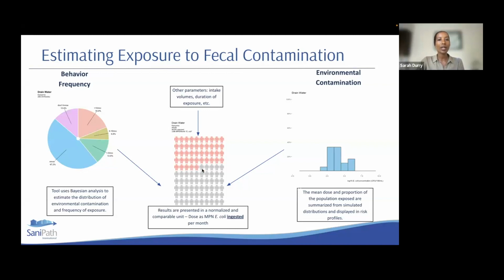As you can see, some are red and some are gray. So the number of red is the proportion of people exposed. And the dose or the concentration of E. coli per month ingested is represented by the darkness of the red. So this will become more clear when we compare across some more, where you'll see some differences in the color.